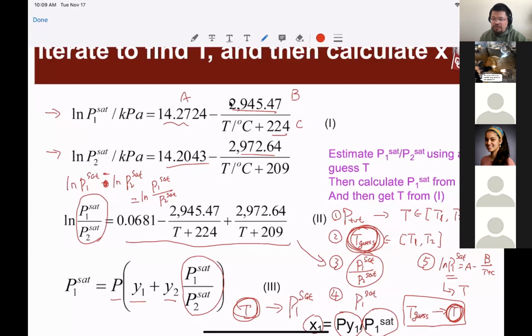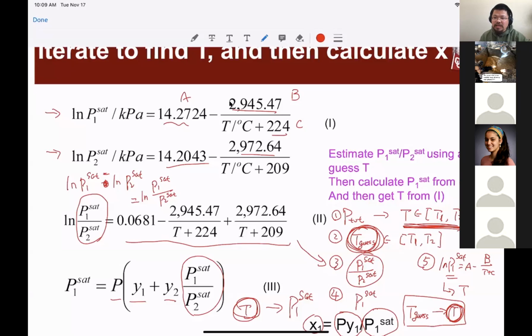So here the two steps are worth revisiting. One is how do we figure out the temperature range? We try to use the known P total, and again using the limit approach analysis. That is really beautiful over there.